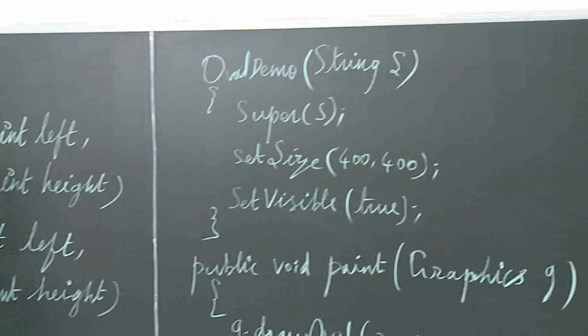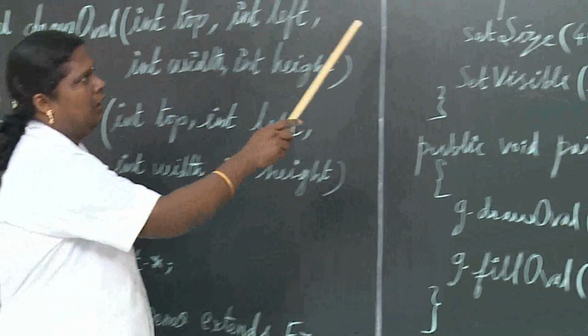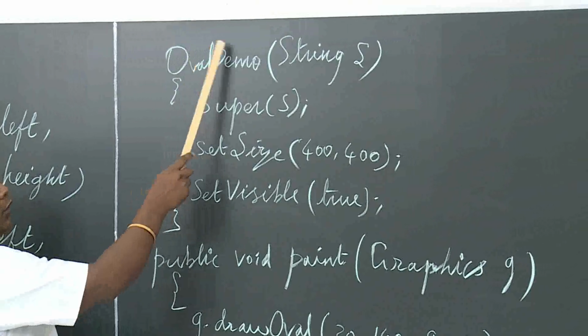Here in this class, I have created one constructor, OvalDemo, with one argument.